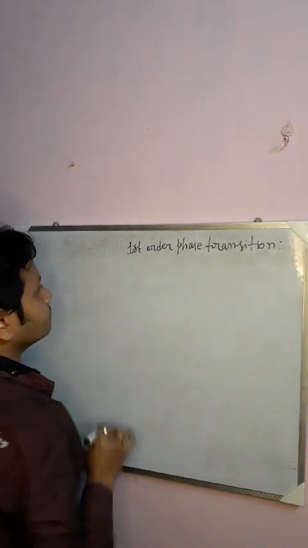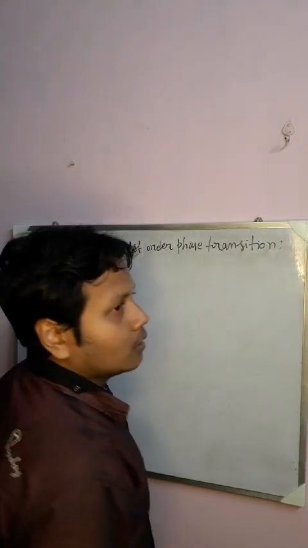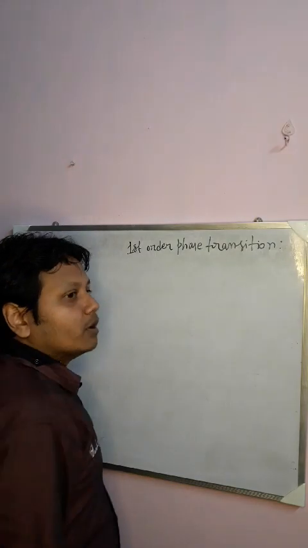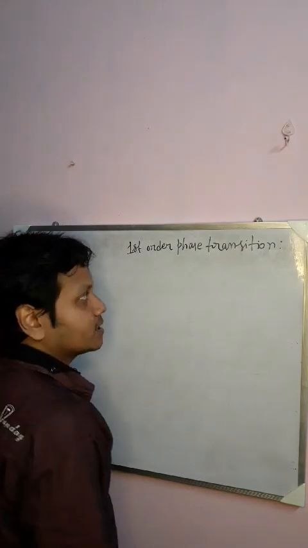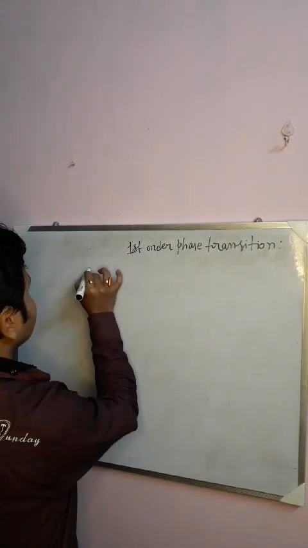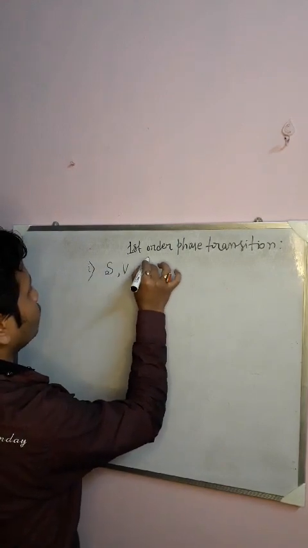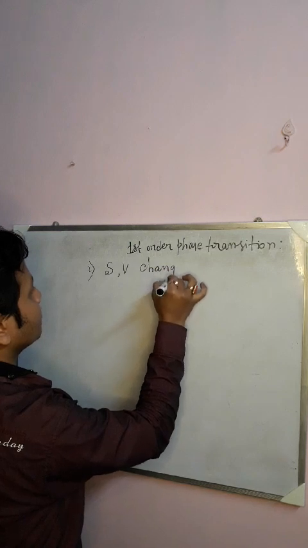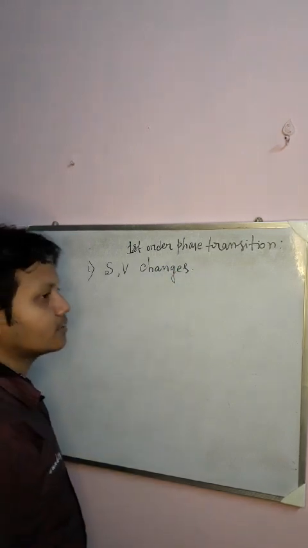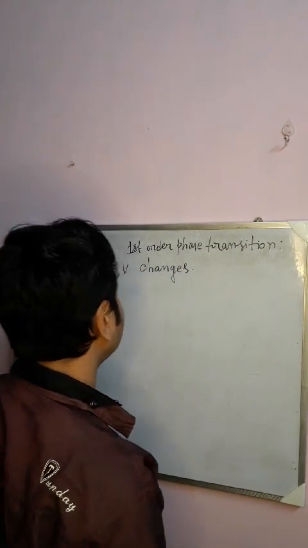Now first thing that you have to remember, that in first order phase transition entropy and volume change. This is the first feature.